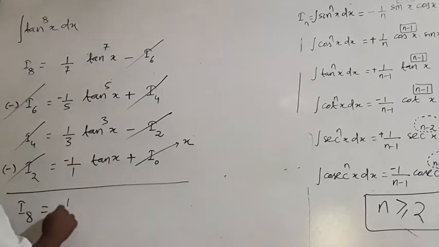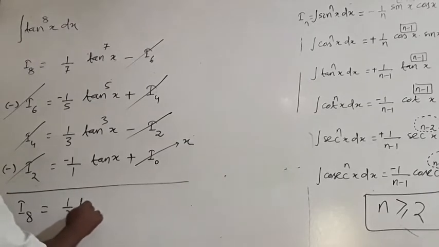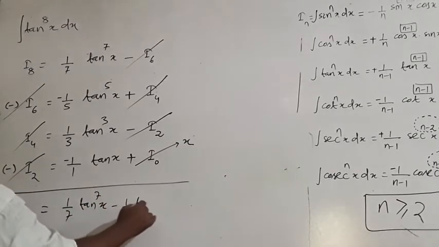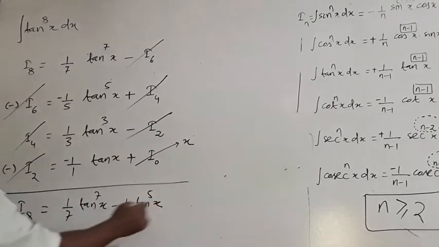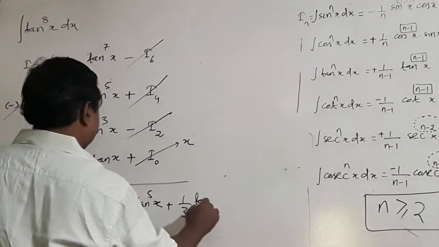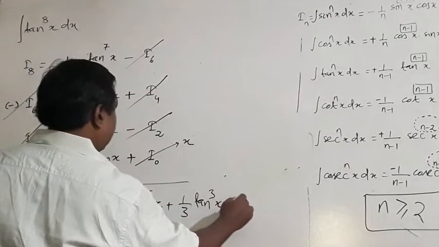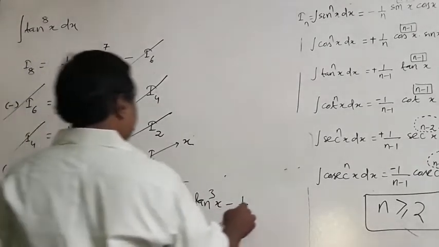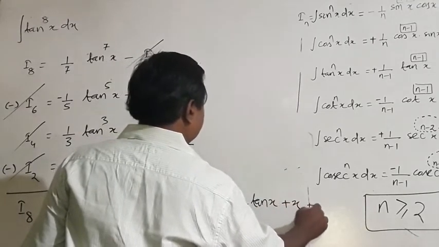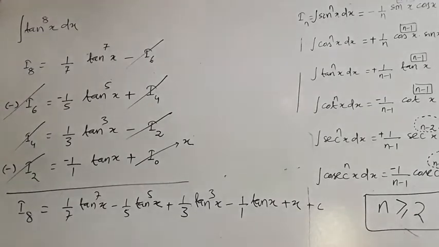That is 1 by 7 tan 7 minus 1 by 5 tan 5 plus 1 by 3 tan 3 minus 1 by 1 tan x plus x. That is a very interesting formula.